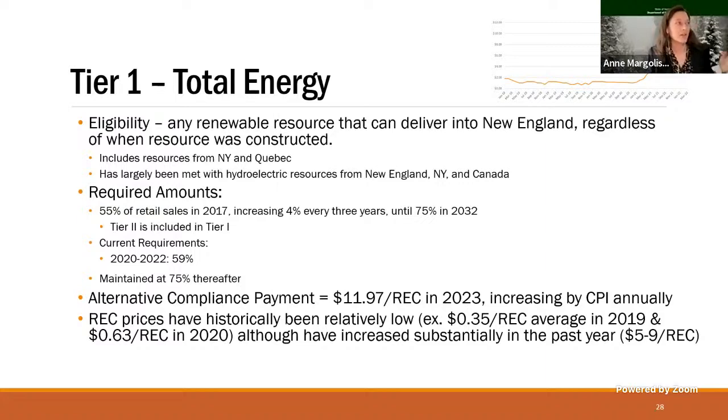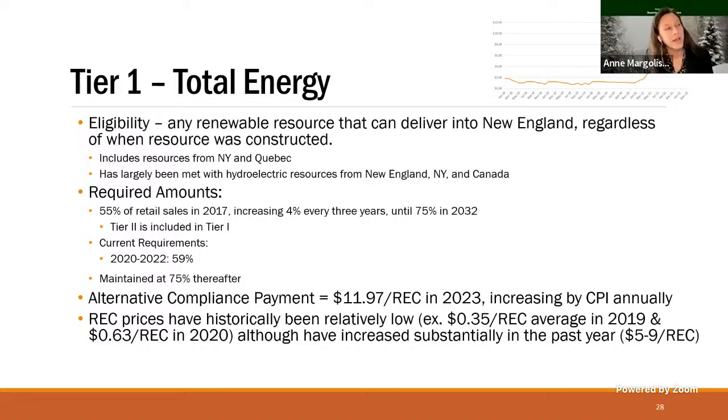And the requirements started out at 55% of retail sales and escalate to 75% in 2032. The current requirement is at 59%. So it ratchets up essentially every 3 years.